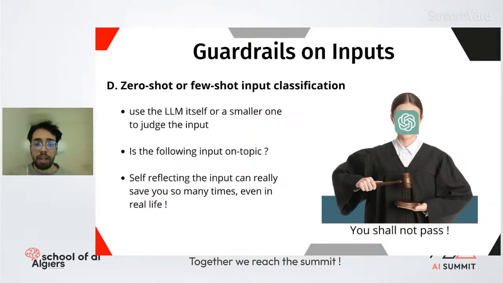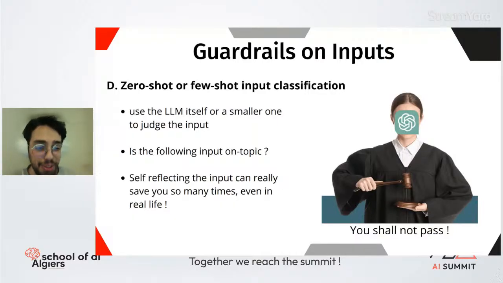We can also use other LLMs to make guardrails, because they have this ability to understand semantic input. So you can use a lightweight model, or even the LLM you are working with inside your application, to classify incoming text.